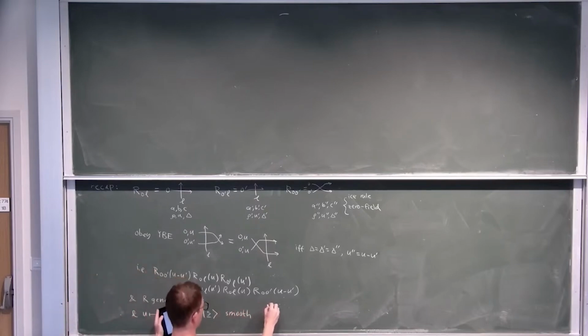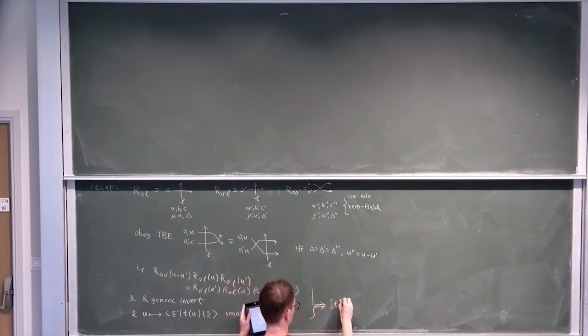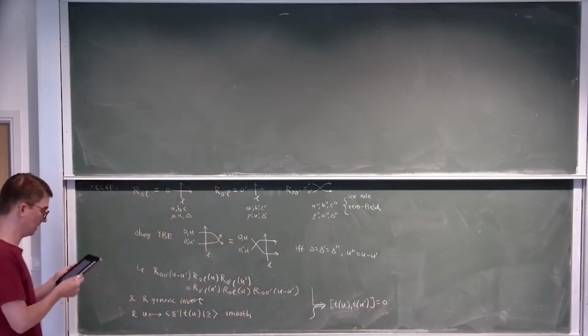Then all of these things together imply that the transfer matrix is complete, corresponding to the rho auxiliary spaces 0 and 0 prime. So that's what we did.